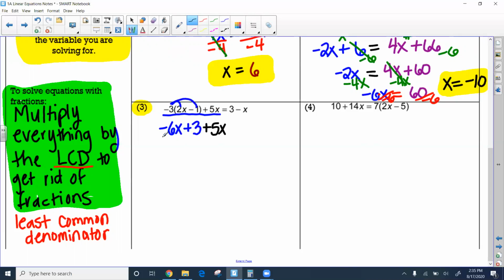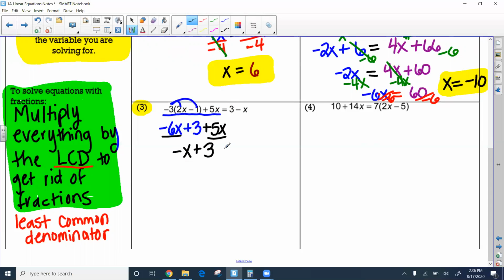So now I have -6x plus 3 plus 5x. I can combine the -6x and the 5x because they're like terms. Since they're on the same side of the equal sign, I'm just combining or simplifying. So that would give me a -x plus 3.